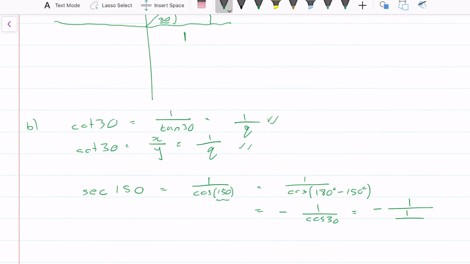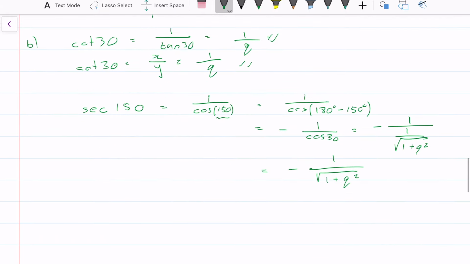which is 1 over the square root of 1 plus q squared. So our answer becomes minus 1 over the square root of 1 plus q squared. No, sorry, that's not right either.